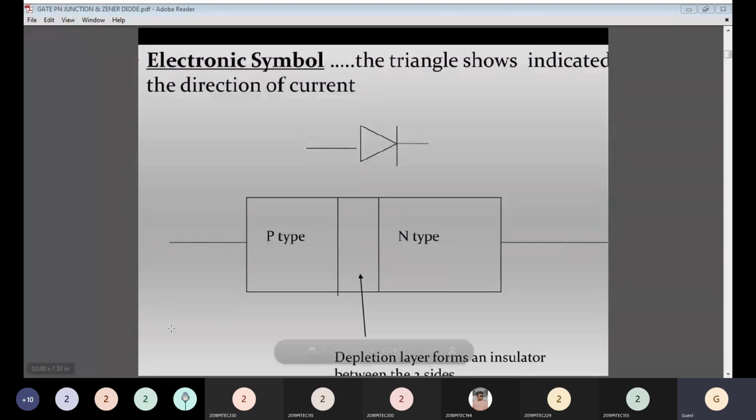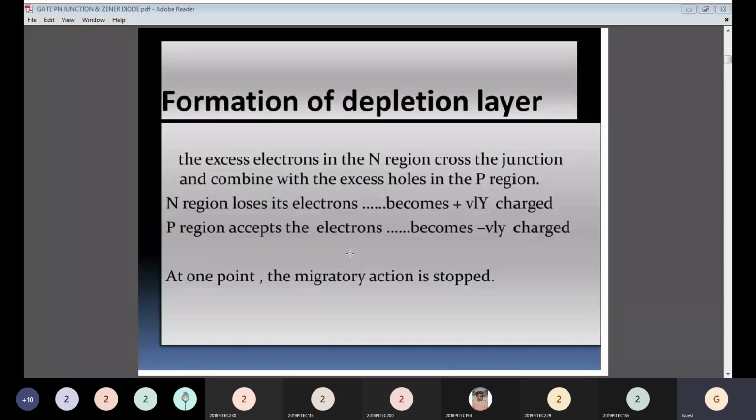So when a biasing voltage is provided to this P-type and N-type material, the electrons from the N-type material will cross over the depletion layer to combine with the holes. The N region will be losing its electrons. That's why it becomes positively charged. Whereas the P region will accept the electrons from the N region, it becomes negatively charged.